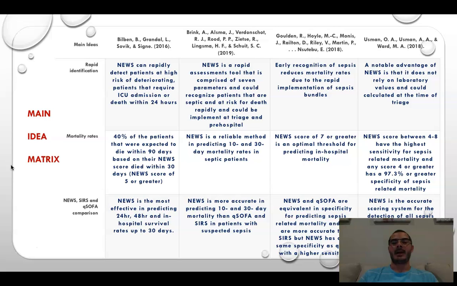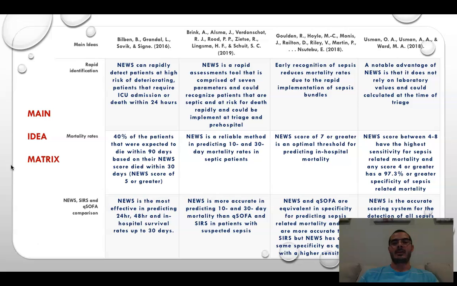The only thing that it adds is an AVPU, which, for people that aren't familiar with it, is a mentation acronym that stands for patients that are alert, responsive to verbal stimuli, responsive to painful stimuli, or unresponsive.